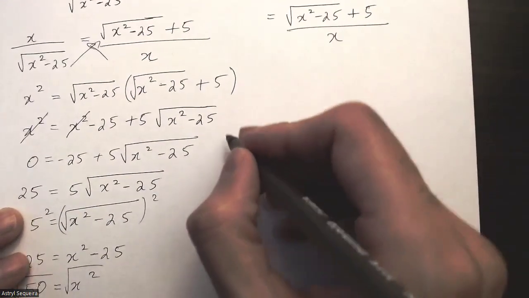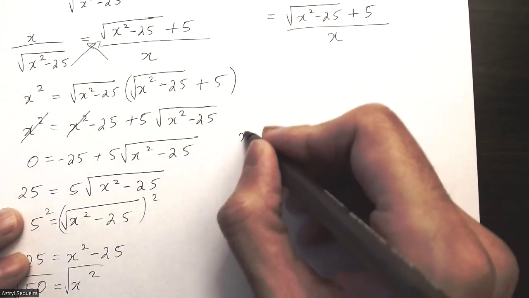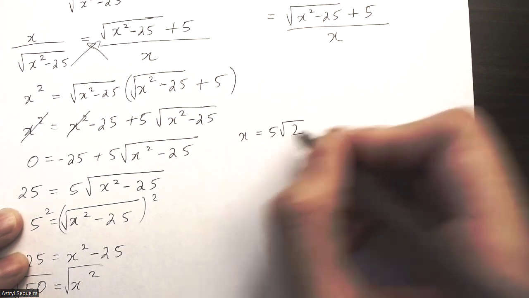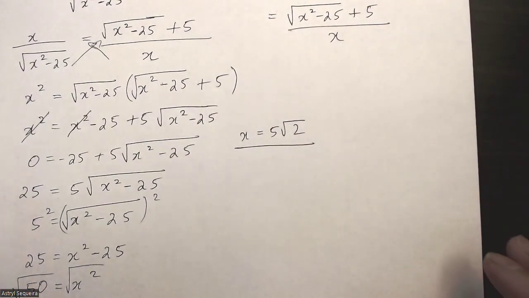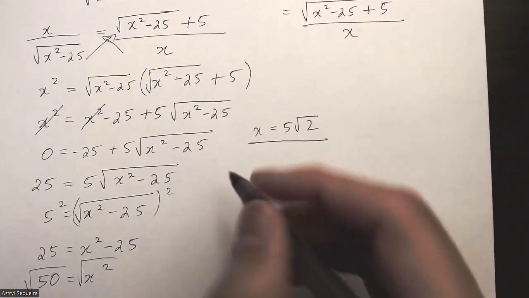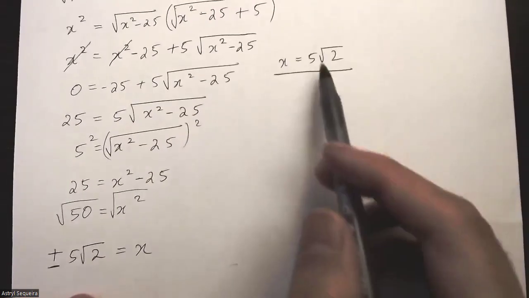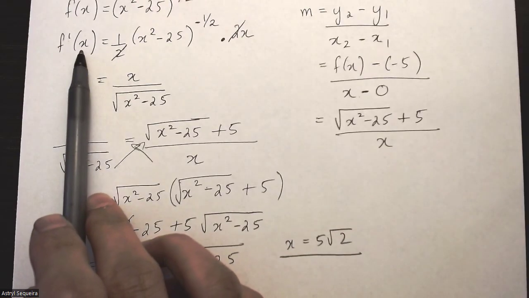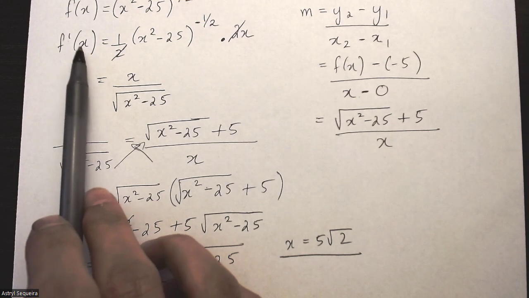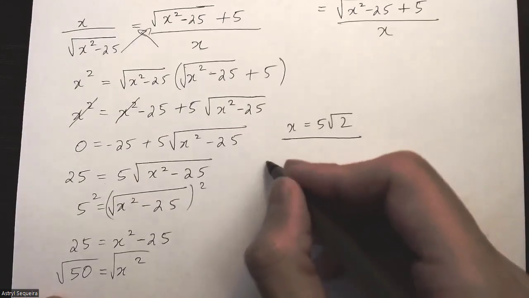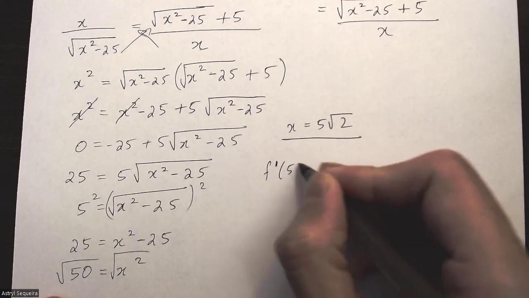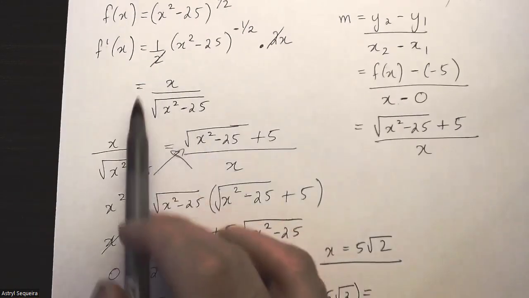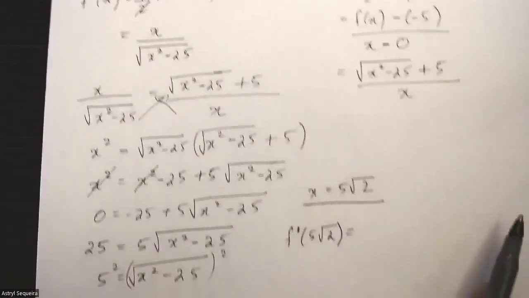So let's start with x equals positive 5 root 2. Let's find that tangent line first. I know that if I sub in 5 root 2 into my slope equation, doesn't matter which one you use, I think you'll probably get the same answer for both, but I'm just going to use this one over here. So f prime of 5 root 2 equals, I'm just subbing 5 root 2 into this equation over here.